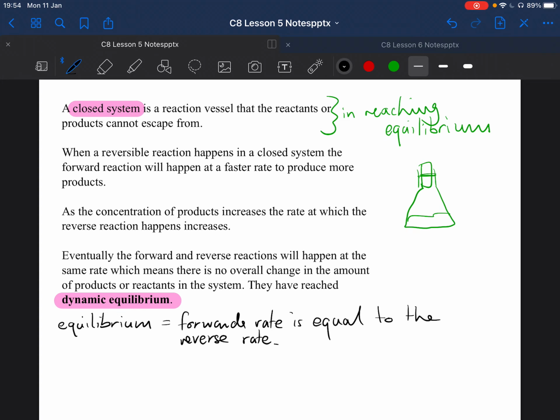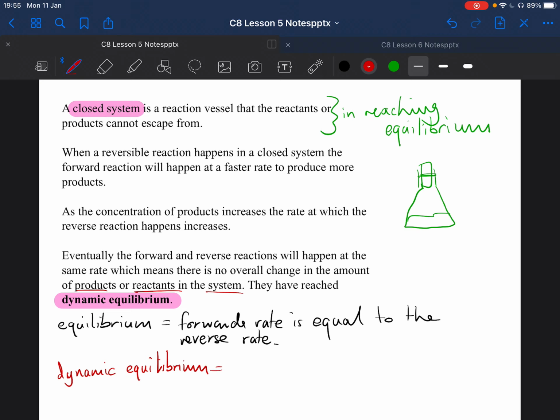Now, a dynamic equilibrium is actually talking about the change in the amounts of products and reactants. So when we talk about dynamic equilibrium, what we're looking for is: is there a change in how much product or reactant there is in the system?